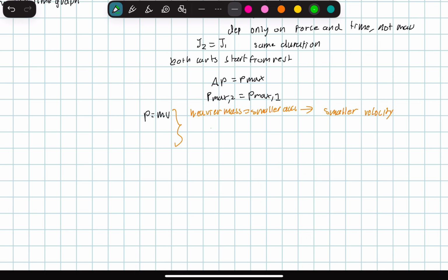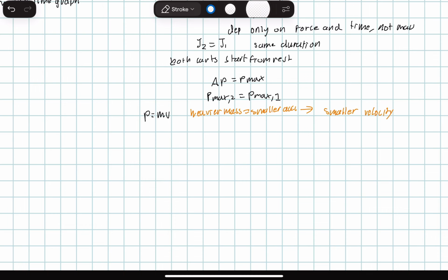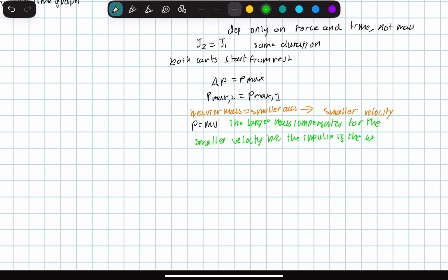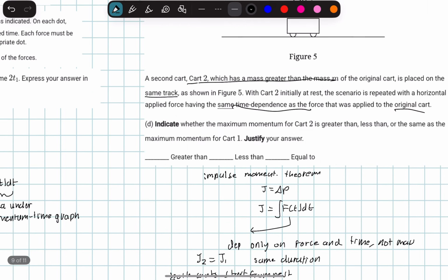Sorry, I had it mixed up. So the larger mass compensates for the smaller velocity because the impulse is the same, right? So your answer is going to be equal to.